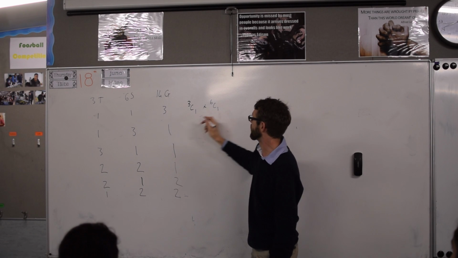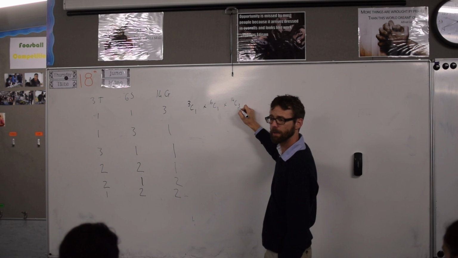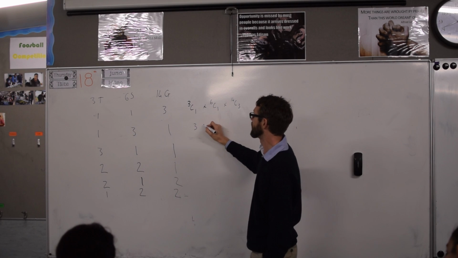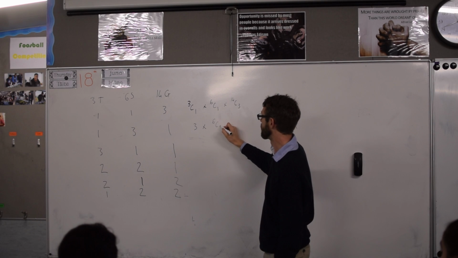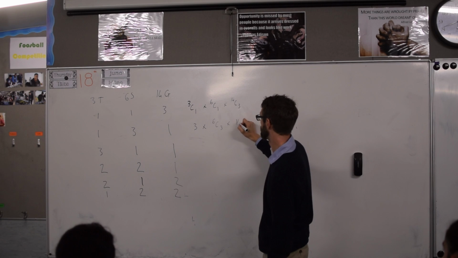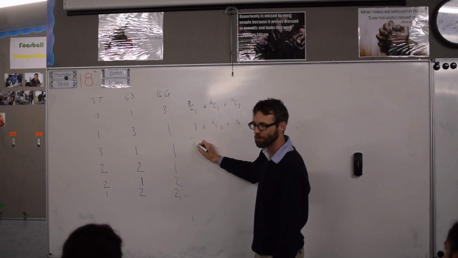And then this one is times 14 choose 3. The next line will be 3 choose 1, which is 3, times 6 choose 3, times 14. And then we should go this next one. 3 choose 3. What is 3 choose 3?